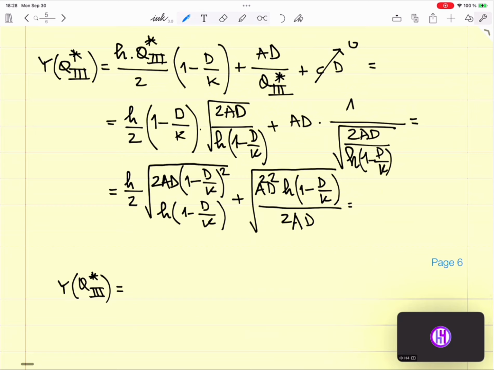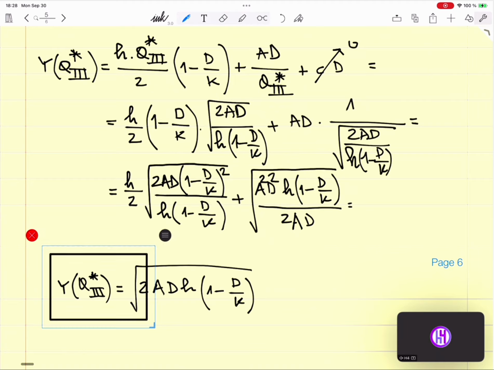If we simplify a little bit, we get that the solution is the square root of 2ADH multiplied by 1 minus D divided by K.